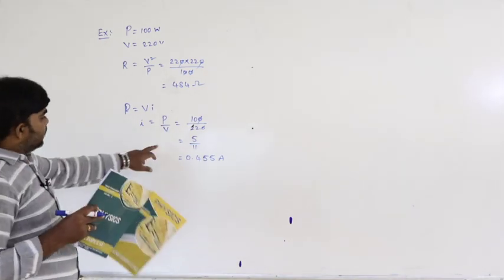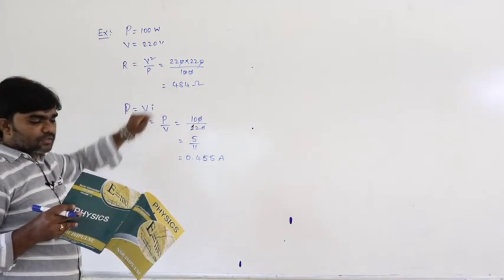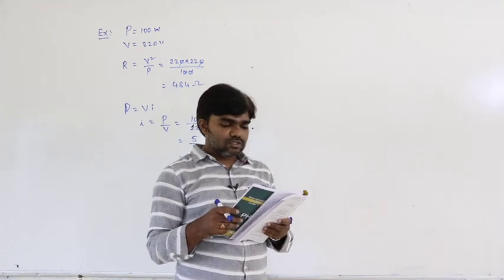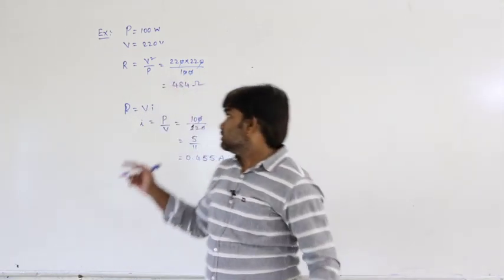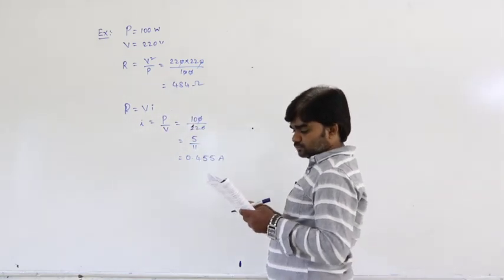So this is the current capacity of the bulb and this is the resistance of the bulb. The question was: a lamp of 100 watts works at 220 volts, what is the resistance and current capacity? Next problem.